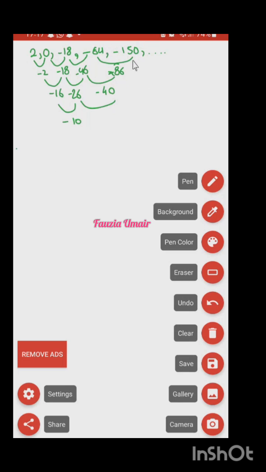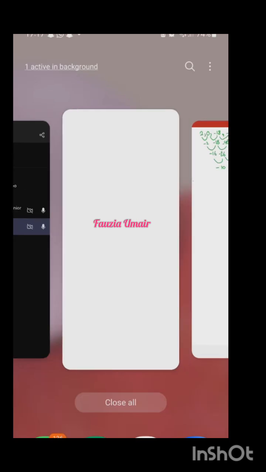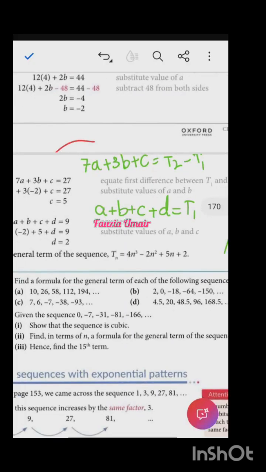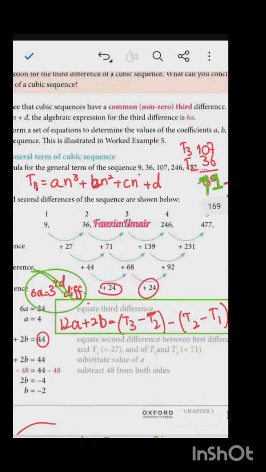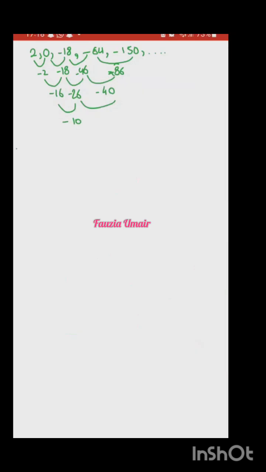Because I did minus 64 plus 150. No, but the difference is the second term minus the first term. Oh, okay. So 150 minus 64, it's still 86.